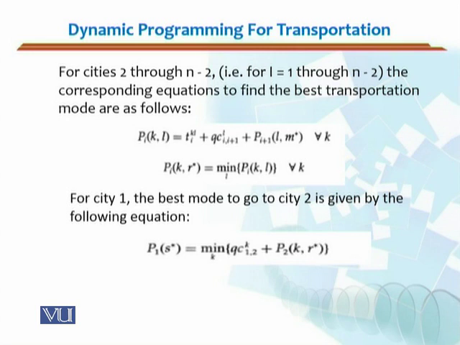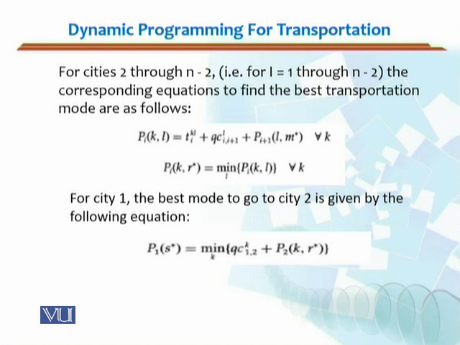Now comes the last stage, which is city 1. If we have cities, we have called them cities or locations. The best mode to go to city 2 would be given by the following equation. P1 S star would be equal to minimum K QC, that is the total transportation cost for a city pair 1 to 2 for some mode K, plus P2 K R star.